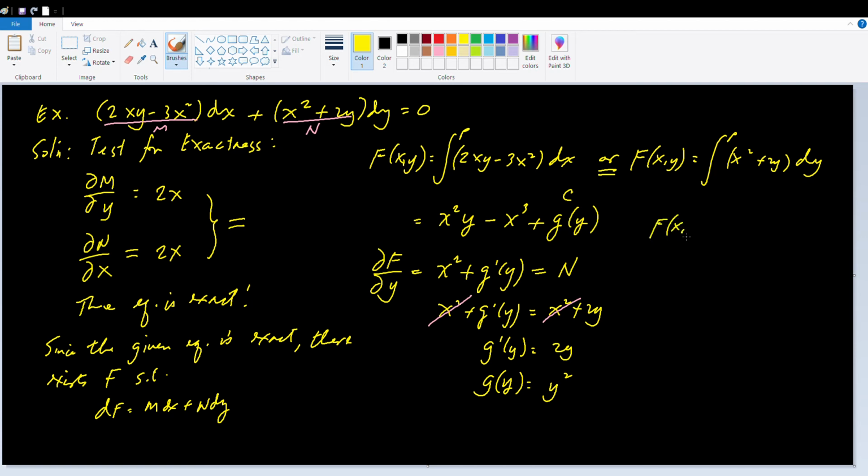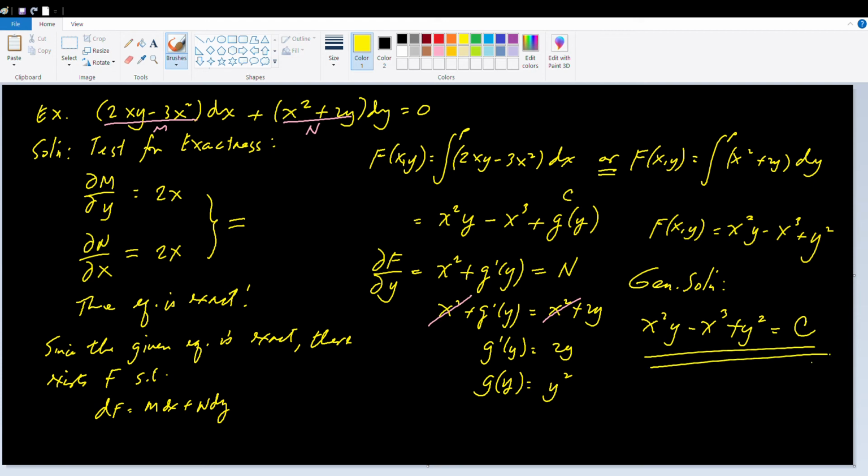Hence, our f of x, y is equal to x squared y minus x cubed plus g of y, which is y squared. We shall write the general solution as x squared y minus x cubed plus y squared equal to the constant c.